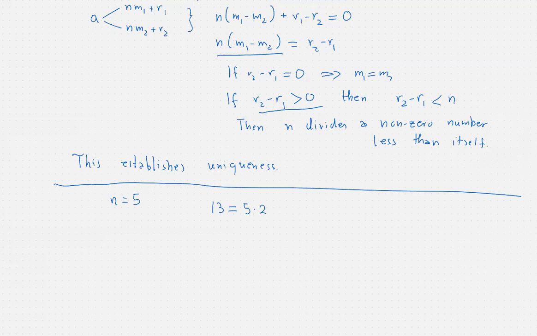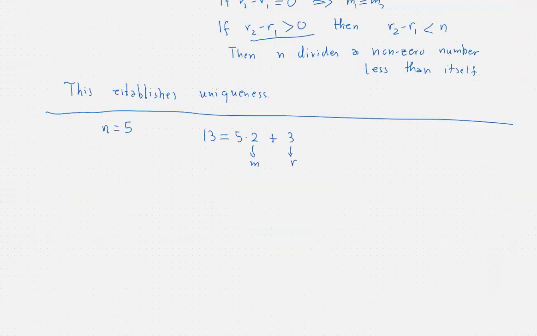Right. What becomes interesting is what if it's -13? And when we have -13, people tend to automatically think that you will take the equality for 13 and just take its negative, and that will give you everything that you want. But then you have the absurd situation that the result is -2. There's nothing wrong with that, but the remainder is -3, and remainders have to be between 0 and 4 when you divide by 5.